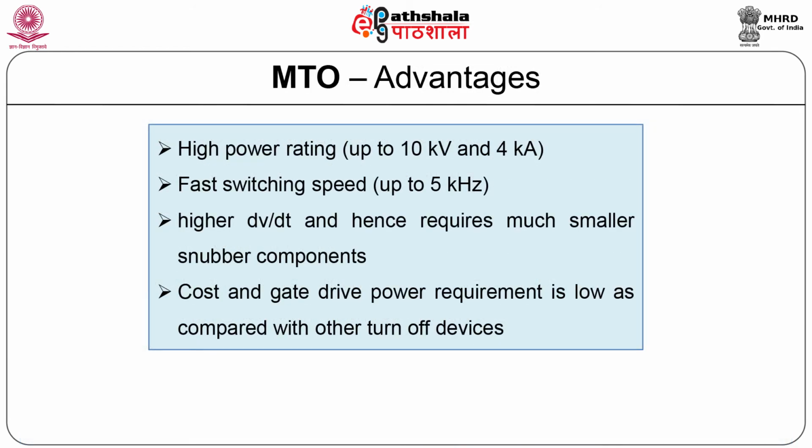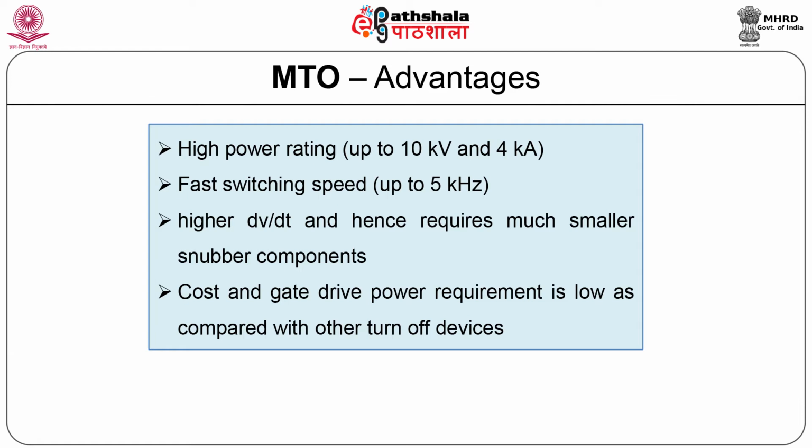Advantages of MTO: high power rating, generally 10 kilovolt, and high current rating also. Fast switching speeds, one can operate this up to 5 kilohertz. Higher dV by dt, hence requires much smaller snubber components.